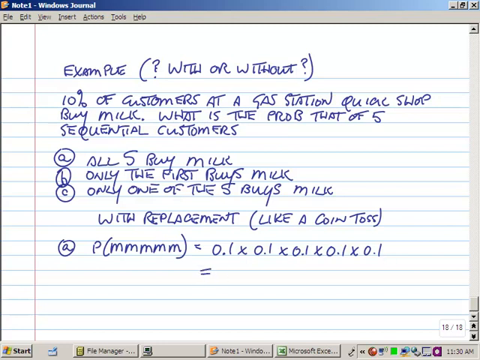Or if you like, 0.1 to the fifth power. Alright, and the answer to that is 0.00001. Okay? You're multiplying 0.1, or a tenth, 5 times.